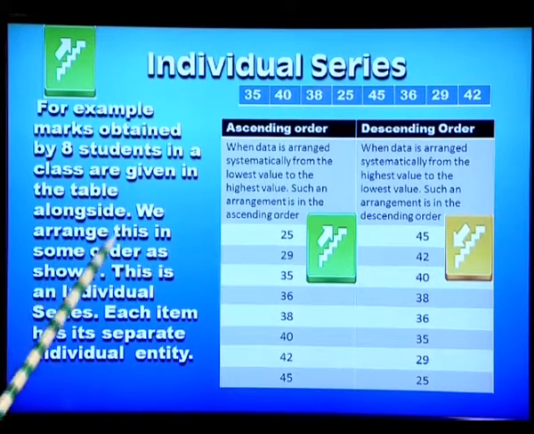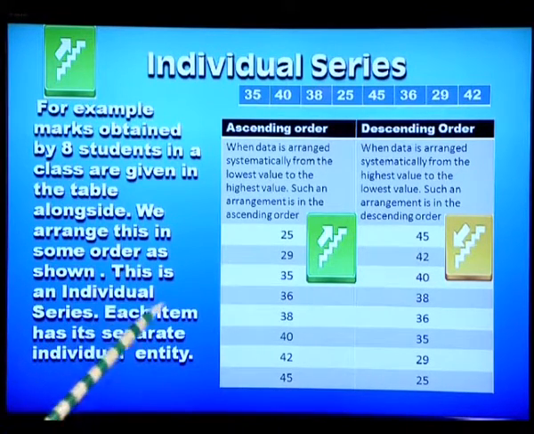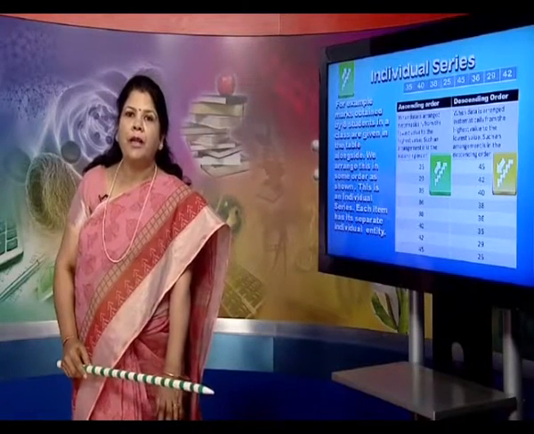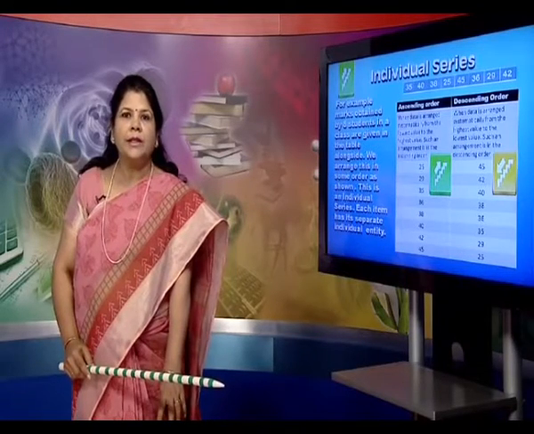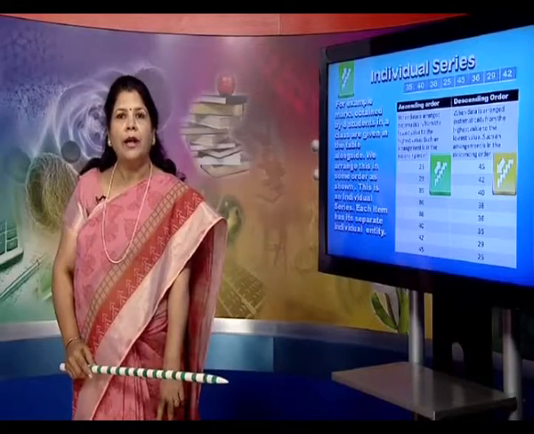We can arrange this in some order as shown. This is an individual series. Each item has its separate individual entity and there is no interim value or any other probability. So, this is an individual series where items occur on their own.